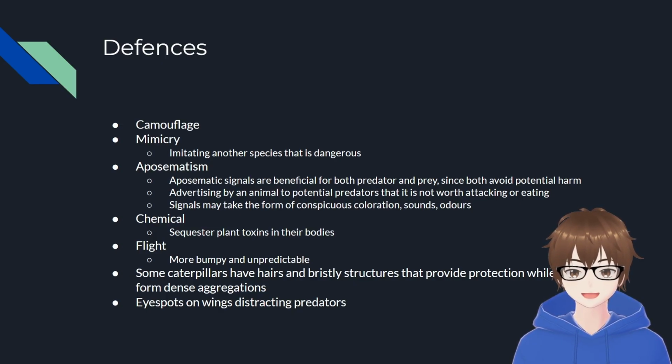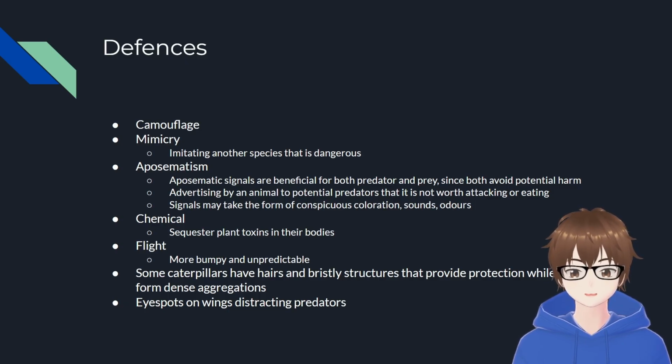These signals can take the form of coloration, sounds, or odors. So the monarch, or also the viceroy, will be very colorful, and that makes it so the predator, like a bird, will not want to eat it because it is toxic.